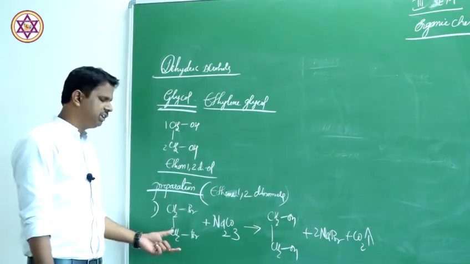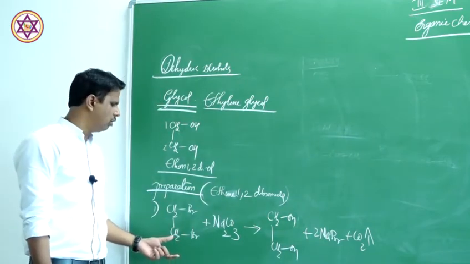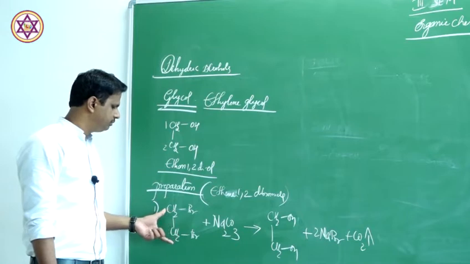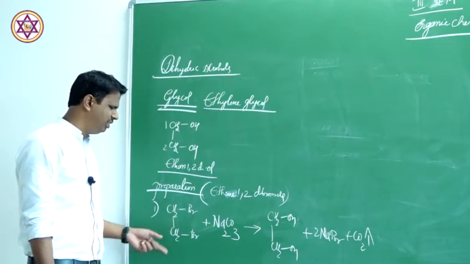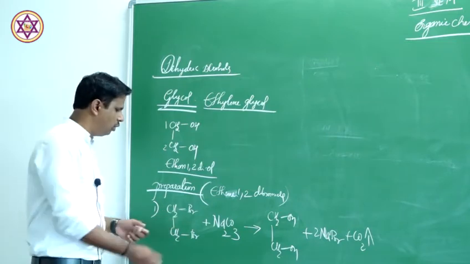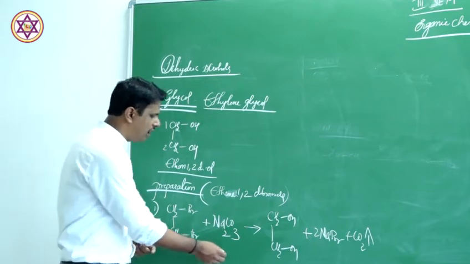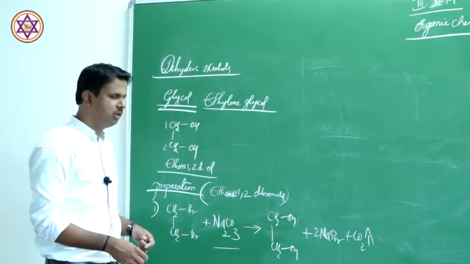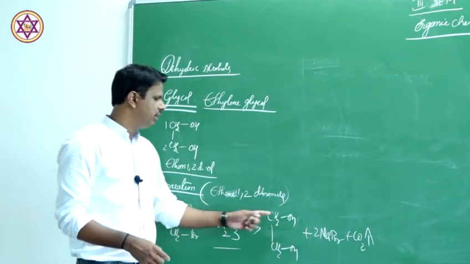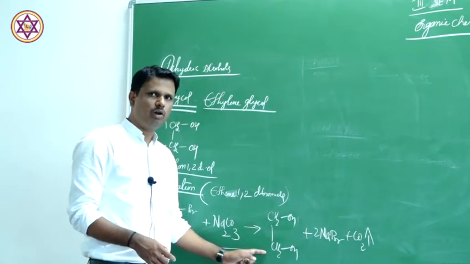So this is the first method of preparation of ethylene glycol. What we did, we took this ethane 1,2 dibromide or 1,2 dibromoethane, in any case, not an issue. 1,2 dibromoethane is boiled with aqueous sodium carbonate. So you are going to get ethylene glycol.